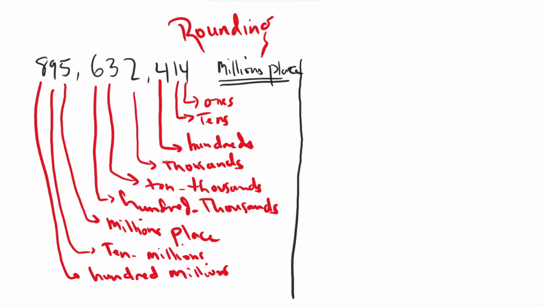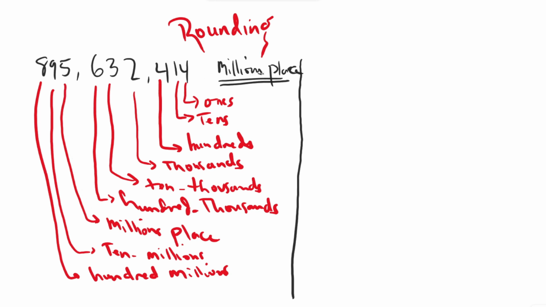Now that we have all the place values of those digits, it's easy to find which digit we need to round. It says millions place. We go over here, this is the millions place, and you see we have to round the 5 because the 5 is at the millions place.